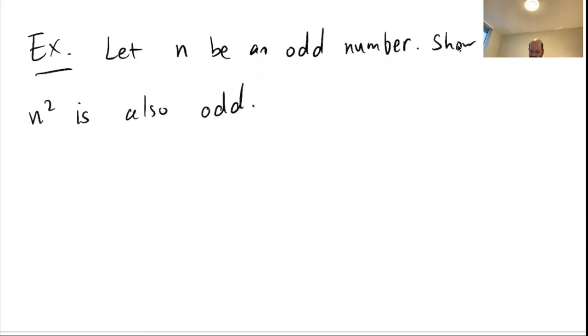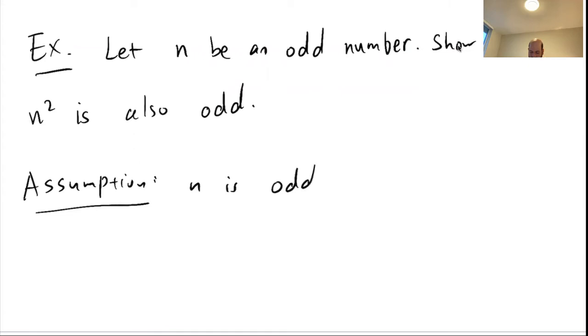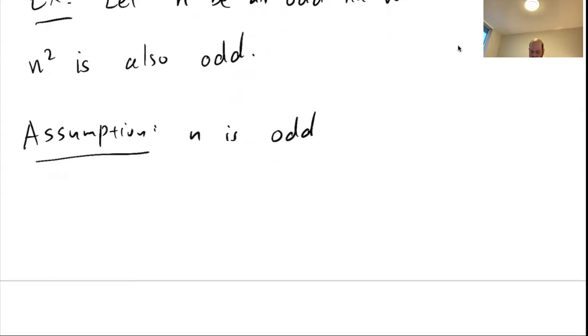Okay, so let me write down here. Assumption: n is odd. Conclusion: n squared is odd.